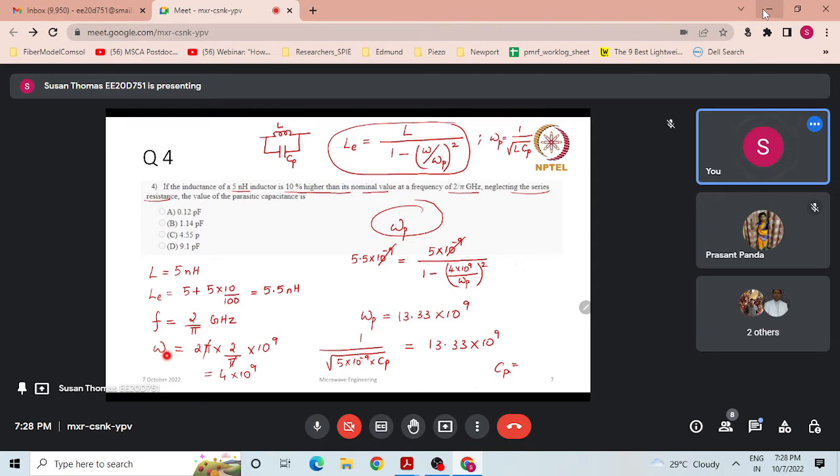You will be able to do the simplification and get the answer as 1.125 picofarad. You can try this out and see whether you are getting a match. Hope this is clear. Any doubts, please ask.